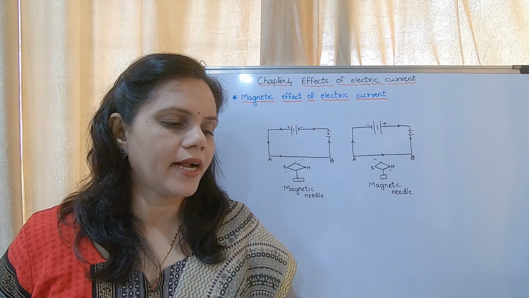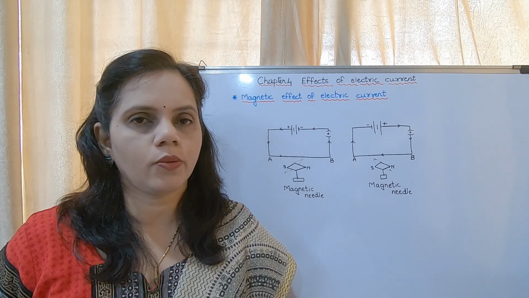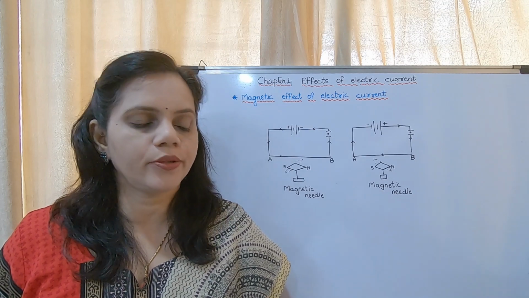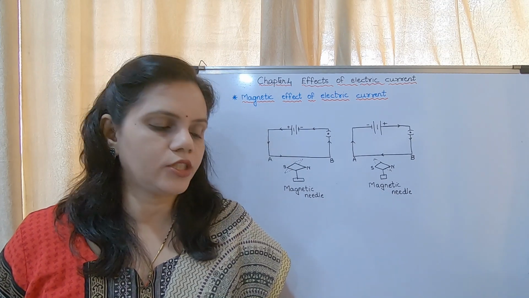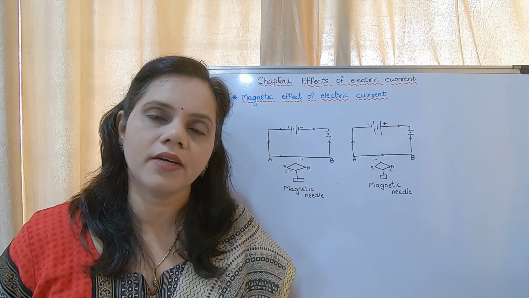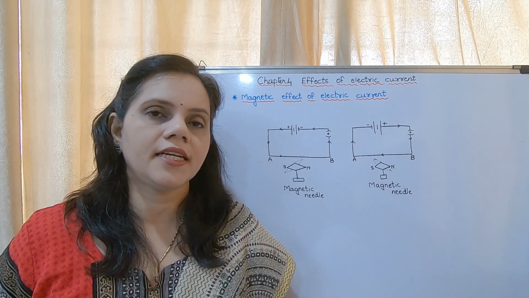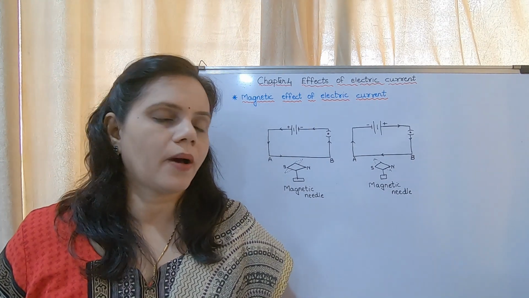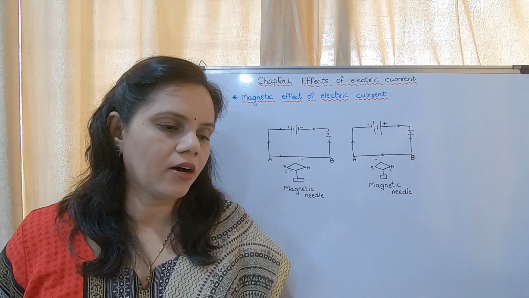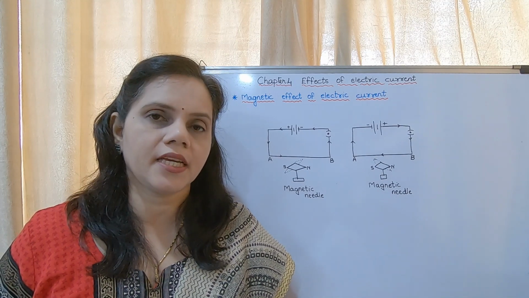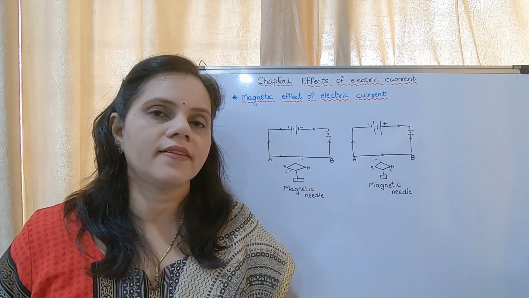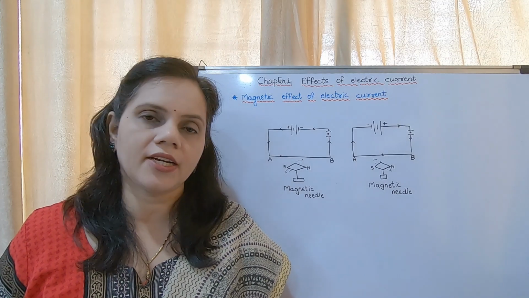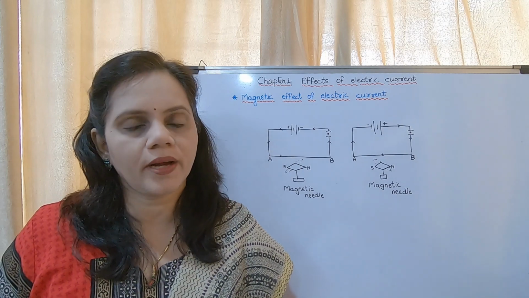You should know that electricity consumed is equal to power into time. You may write that equation on page number 51 above example 4. First they have calculated power by the equation P is equal to VI, and then they have calculated electrical energy consumed by the equation power into time.